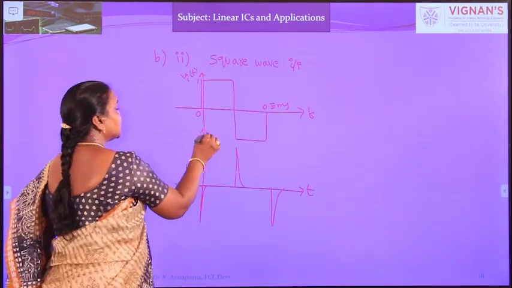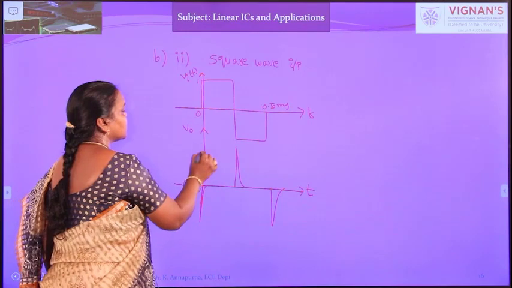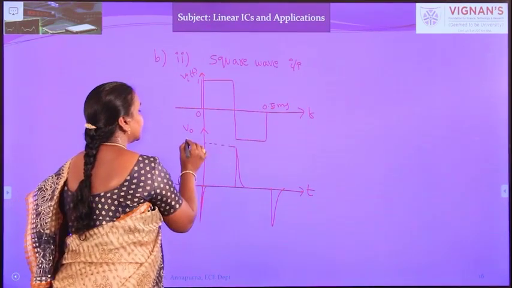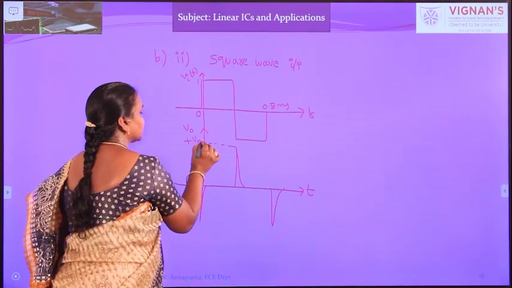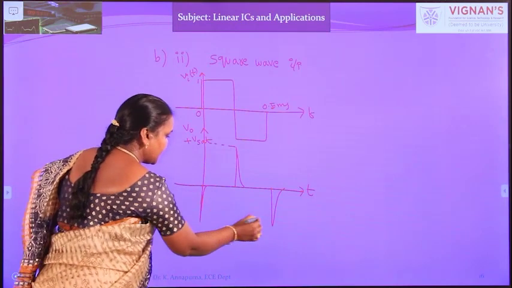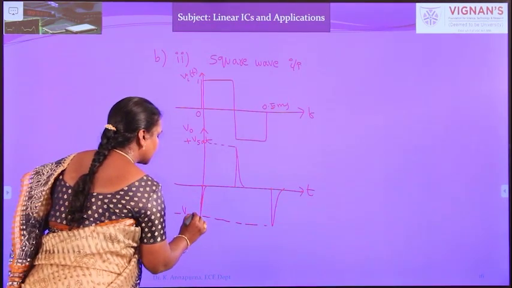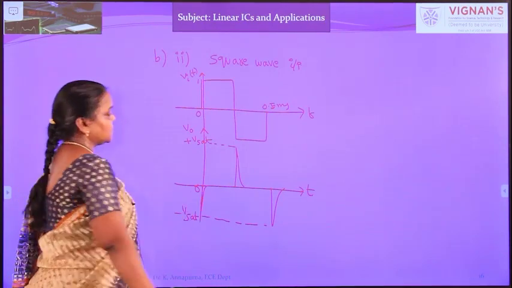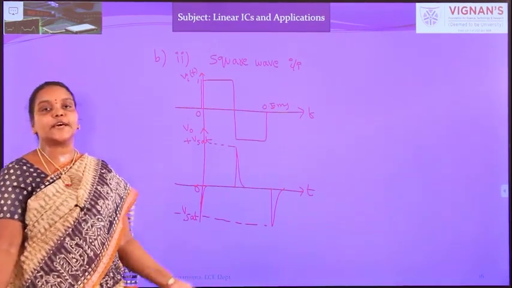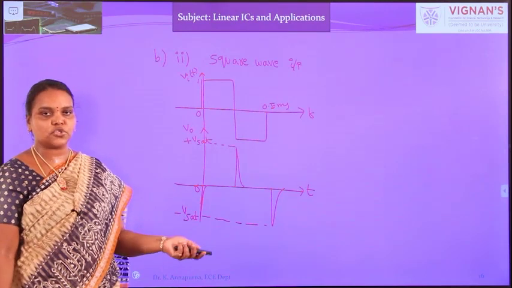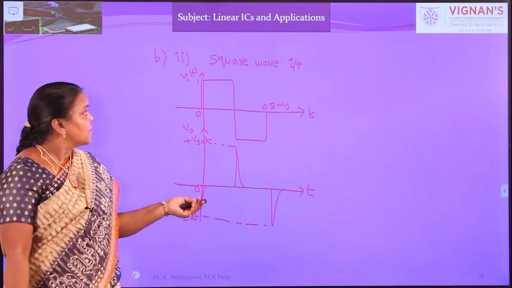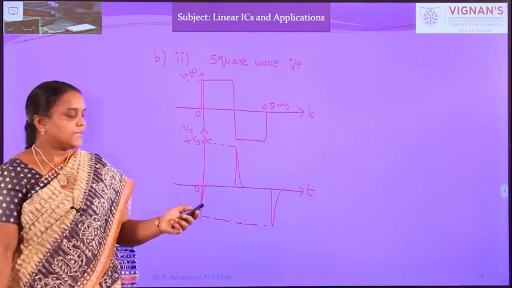And what is the amplitude of these impulses? So, maximum amplitude, it is plus Vsat. And here minus Vsat. Okay, this is the output corresponding to the square wave input. So, with this, the problem is completed.